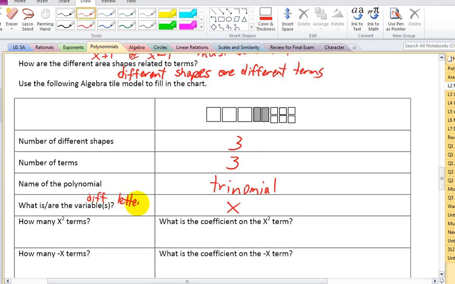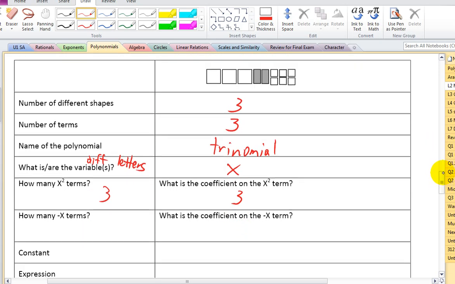Okay. Good. How many x squared terms are there? Nicole? 3. What is the coefficient of the x squared term? 3. How many negative x terms are there? Melanie? Good. And so the coefficient is -2.